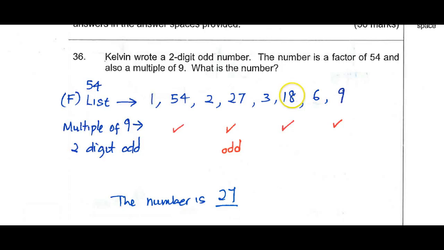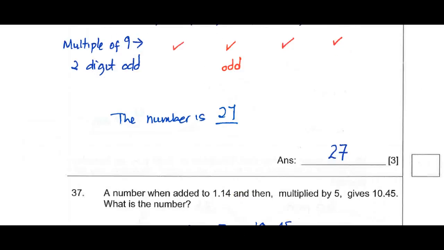This is an even number, this is an odd number, this is the one. This is even also. So the number which is a factor of 54, a multiple of 9 and an odd number. You must go through these 3 tests, these 3 selections, then you get 27, right? You have to train yourself to know the properties, the characteristics of numbers.